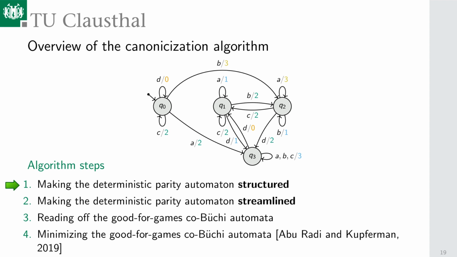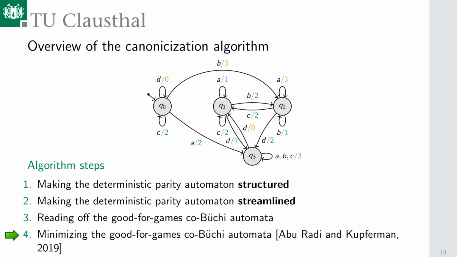We first have to make the automaton structured and then streamline it. The two operations, which will be shown next, simplify and recolor a deterministic parity automaton without changing its language. Afterwards, we can read off the co-Büchi automata for the canonical representation from the deterministic parity automaton. These co-Büchi automata are then made canonical using the procedure by Abu Radi and Kupferman.